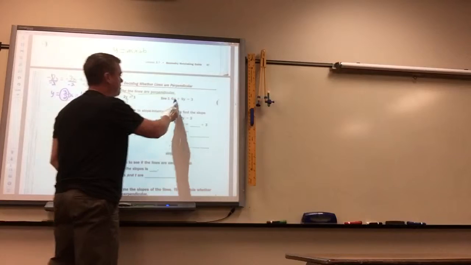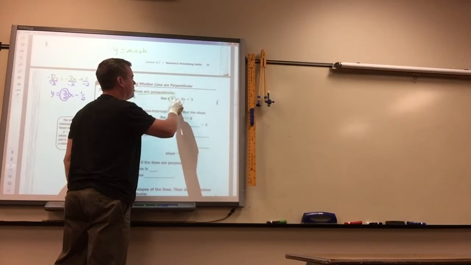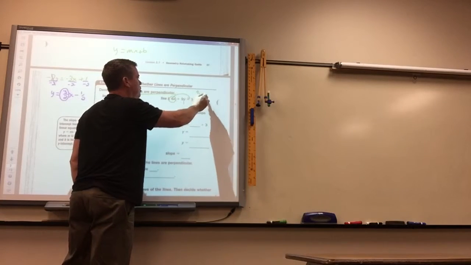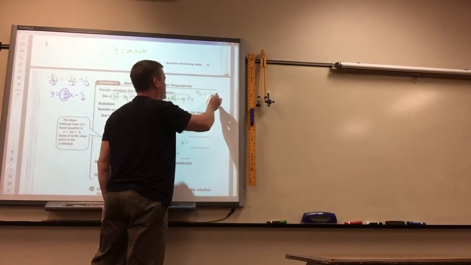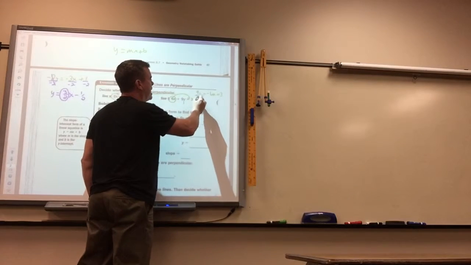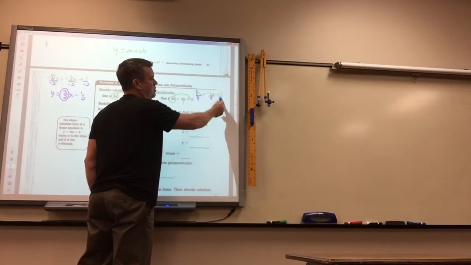So then we have to do the same thing here. Get the y by itself, so move the 6x over. So we would have 9y equals, this would change to negative 6x plus 3. Then we've got to divide by 9, divide by 9, divide by 9. And again, we don't really care about that.